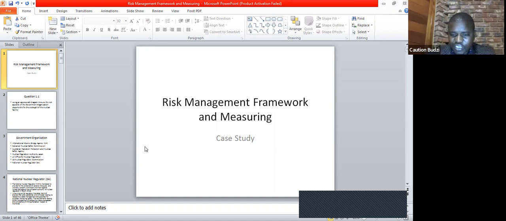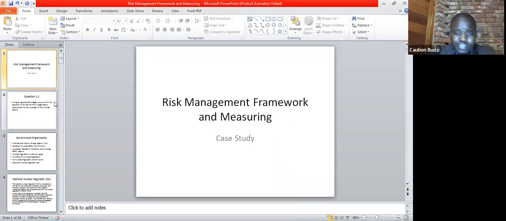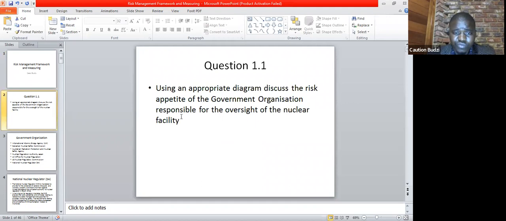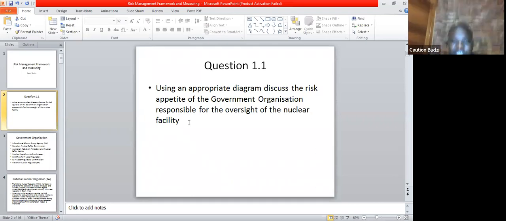We are actually going straight to the questions. Starting with question 1.1: Using an appropriate diagram, discuss the risk appetite of the government organizations responsible for the oversight of the nuclear facility.